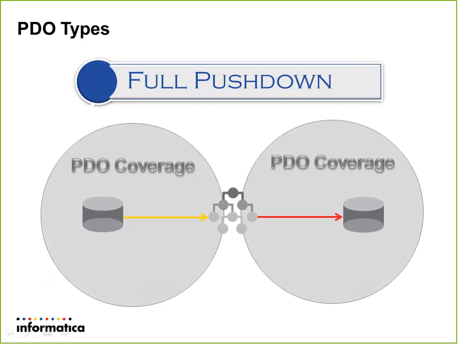If the integration service cannot push all the transformation logic to the target database, it processes the intermediate transformation that it cannot push and then pushes the remaining to the target database. The integration service generates and executes insert, select, delete, or update statements for each database to which it pushes the transformation logic.